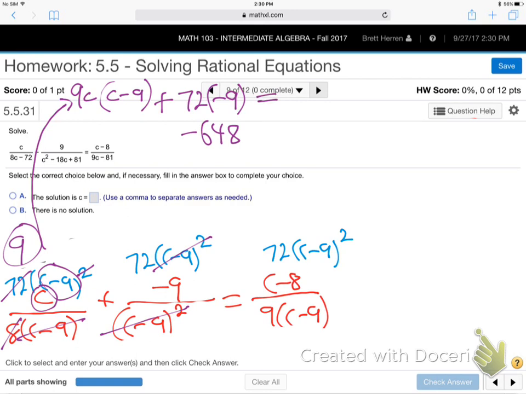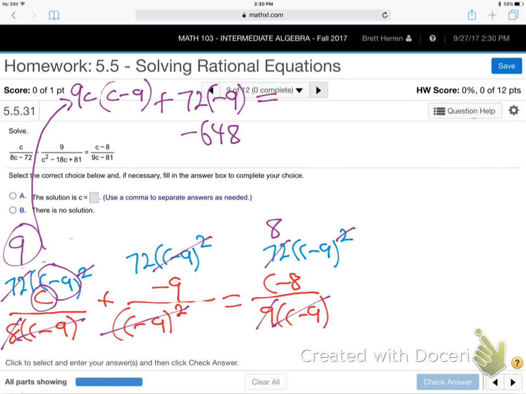Equals, and then do the right side. Right side. 9 into 72 8 times. C minus 9 cancels one of those C minus 9s on the top.